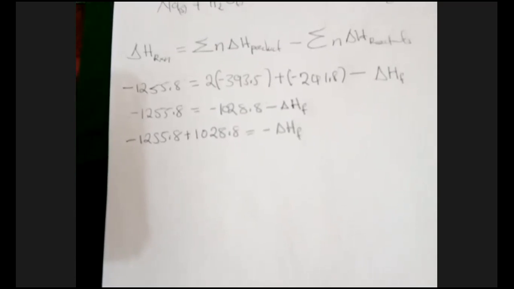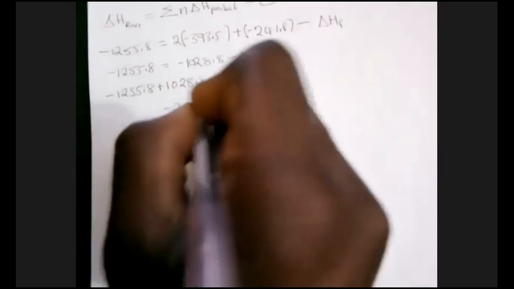Negative 227 is equal to minus the standard enthalpy. Now, this should not have a negative sign like that, so divided by 1 like that. Therefore, the standard enthalpy of formation of this is equal to 227 kilojoules.